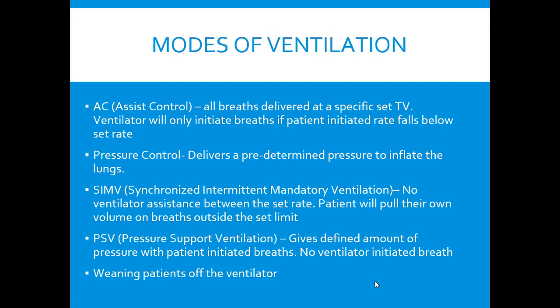We can also adjust the flow rate so we can have the volume of air going into their lungs slow or quick. And we can provide lots of oxygen or a little bit of oxygen. We can also even be in charge of when they receive a breath, either by us or the patient. So each one of these types of things with oxygenation and how we put air into our patients is a different mode of ventilation.